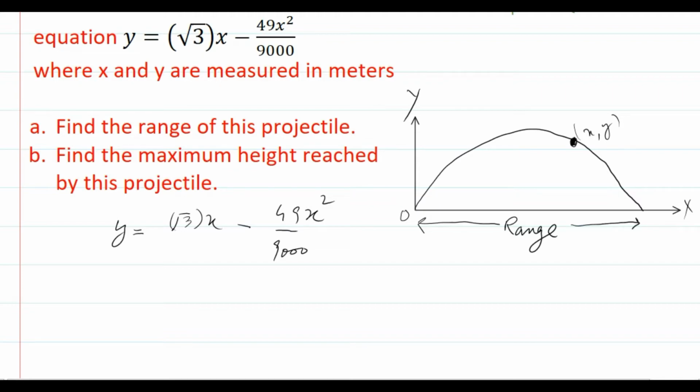Now you put the value of y equal to 0. 0 is equal to under root 3x minus 49 x square over 9000.